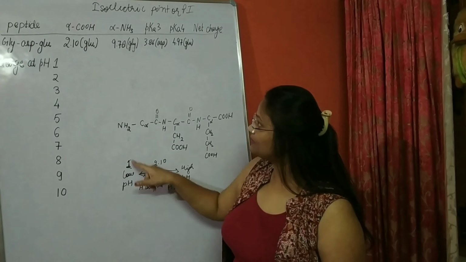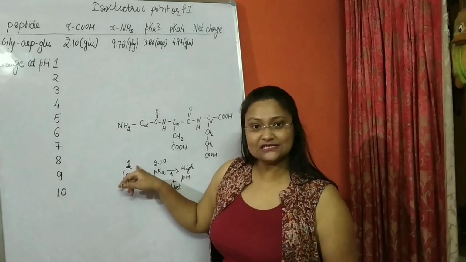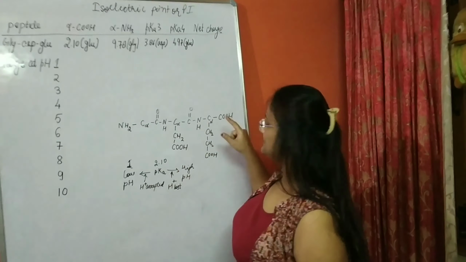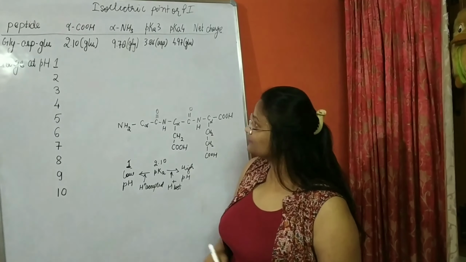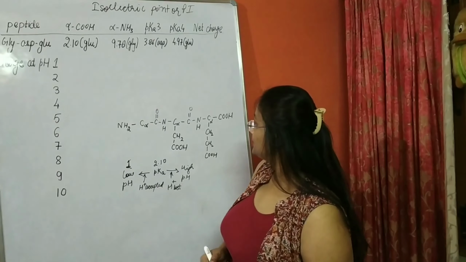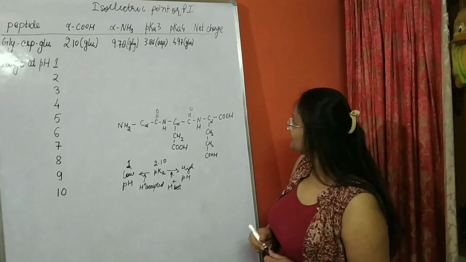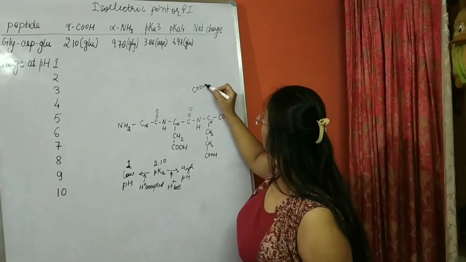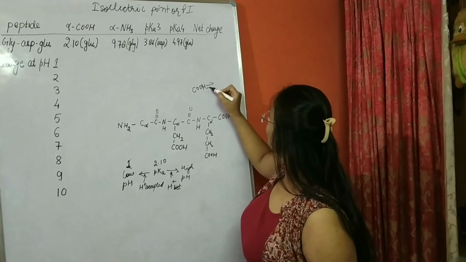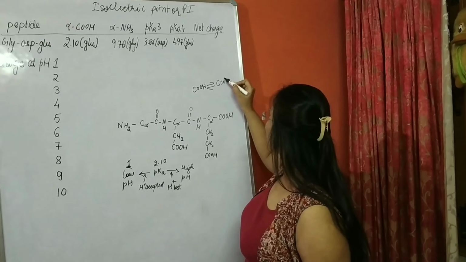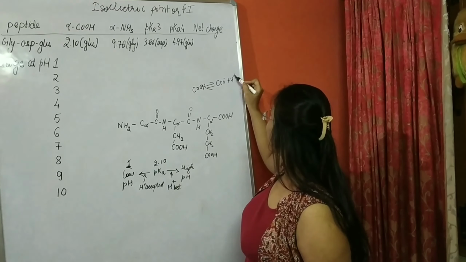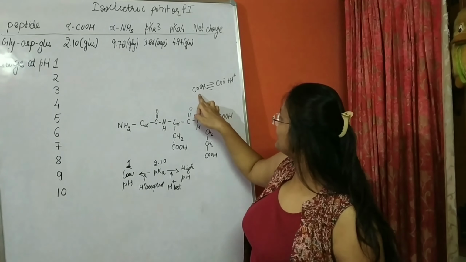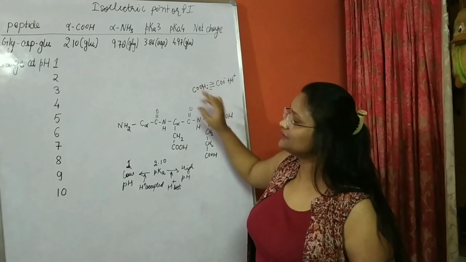Now we have kept this peptide at pH 1, which is lower than the pKa of this COOH. So that means H plus will remain accepted. When H plus is lost, as we already know, it looks like this, right? But in this case, H plus will remain accepted, so the charge will be 0.